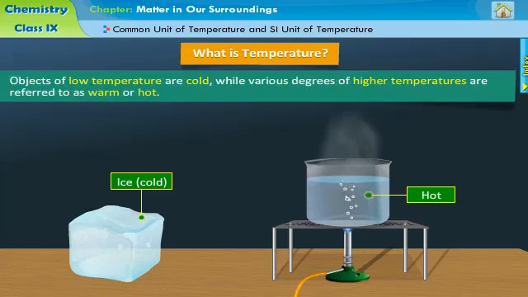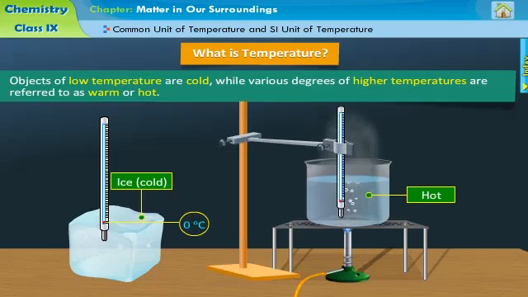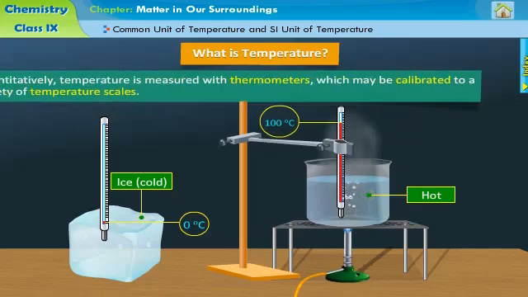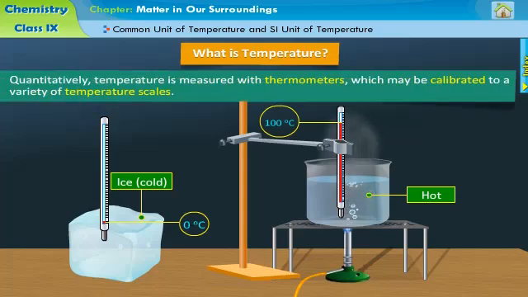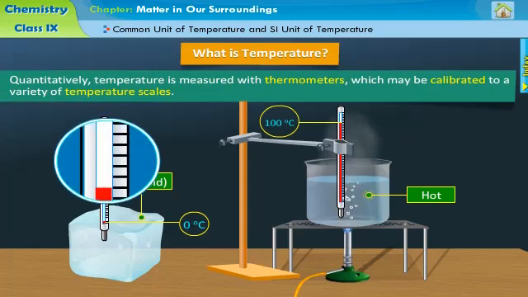Objects of low temperature are cold, while various degrees of higher temperatures are referred to as warm or hot. Quantitatively, temperature is measured with thermometers, which may be calibrated to a variety of temperature scales.